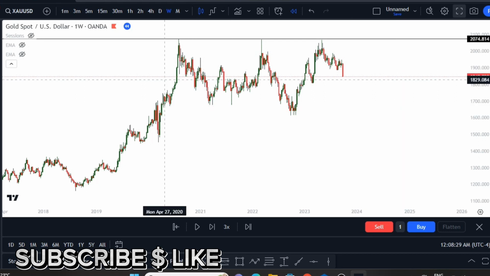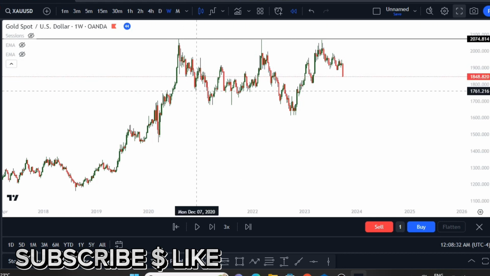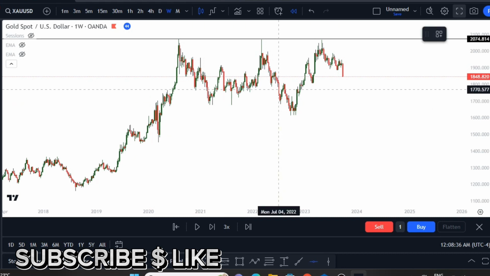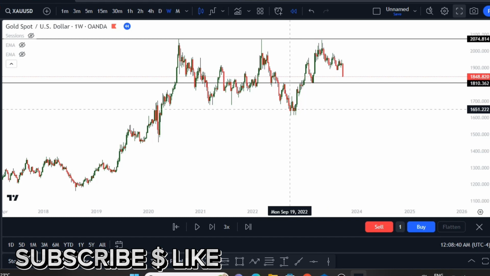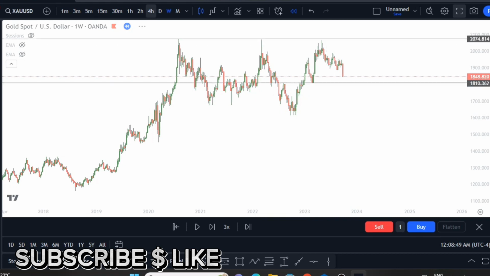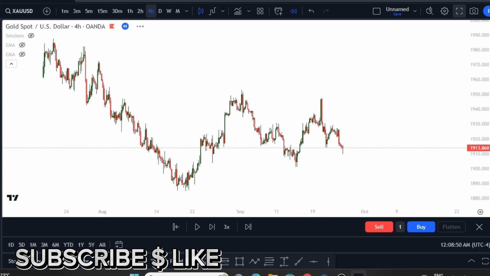But we are not close to any at this point. There's one here, but it's still a little far. So we are interested in anything from this level to this next level. Right now, I'll go straight to the 4 hour time frame. That is the way I analyze from the weekly to the 4 hours on gold only.